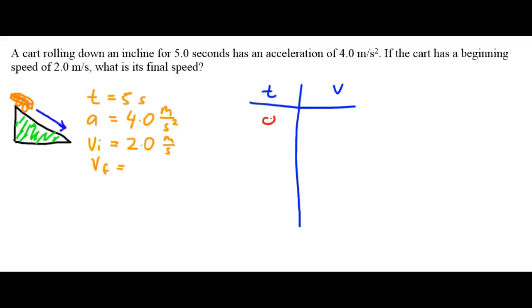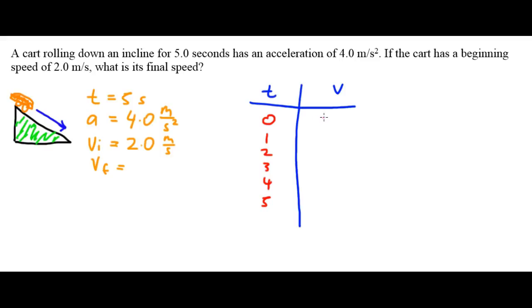So at time 0 and up to 5 seconds, at time 1 second, 2 seconds, 3 seconds, 4 and 5. Now we know it's accelerating 4 meters per second every single second. However, we know that it actually starts off at 2 meters per second. So let's chuck that in.